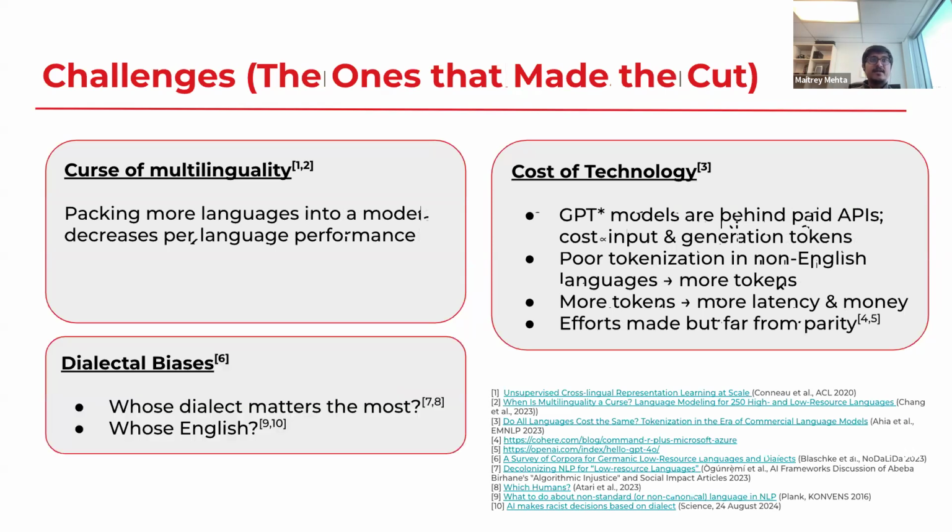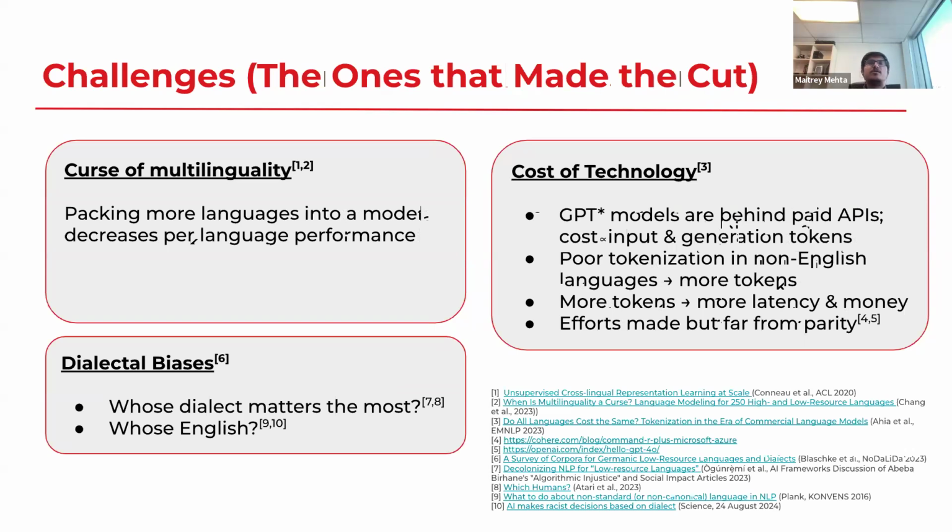And finally, there are dialectal biases, right? Like whose language are we talking about? Are we talking about the canonical language that is used in, let's say, government documentation and things like that? Should that be the dialect that you need to use? Or should we be more open?